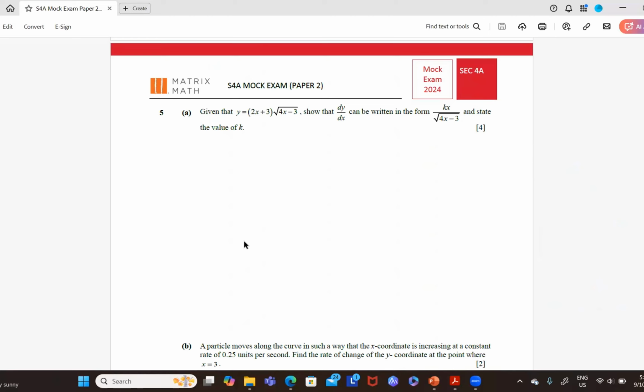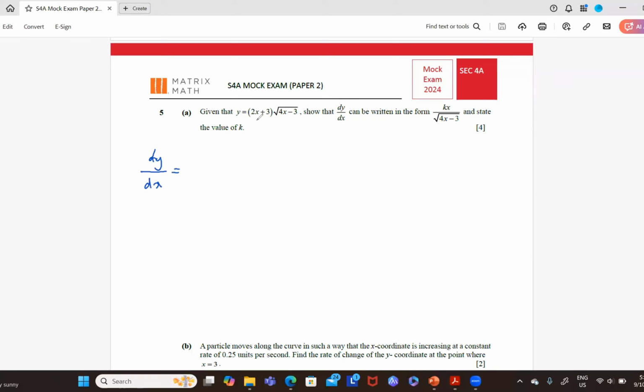Question 5. Given that y equals the following, show that dy/dx can be written in the following format. Okay. So write down y equals the following, so dy over dx equals.